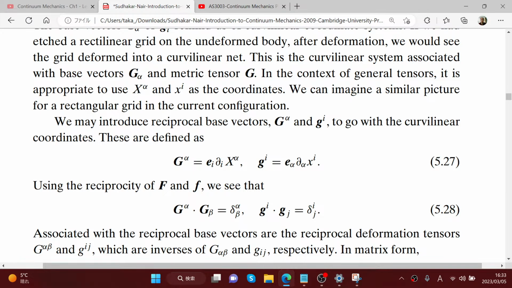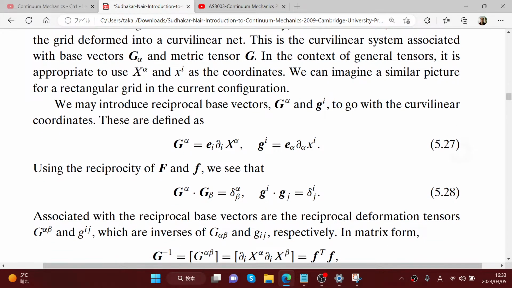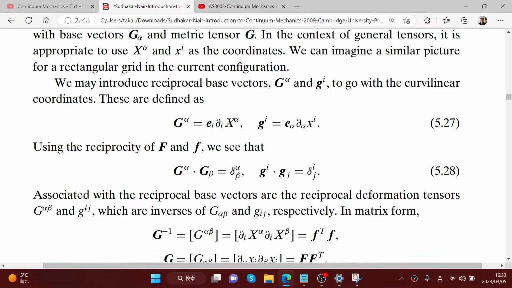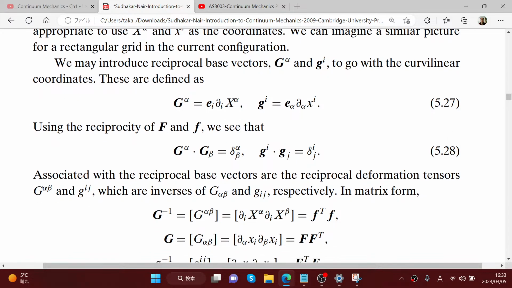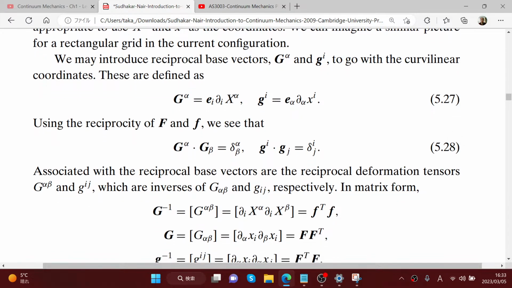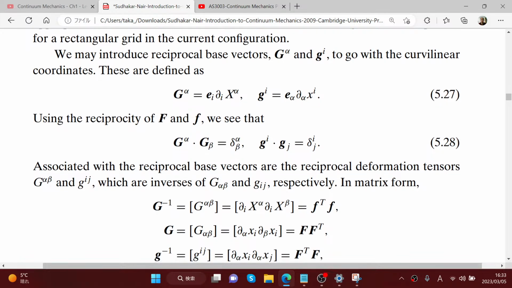x alpha up and xi up as the coordinates. We can imagine a similar picture for a rectangular grid in the current configuration. We may introduce reciprocal base vectors G alpha up and G i up to go with the curvilinear coordinates.